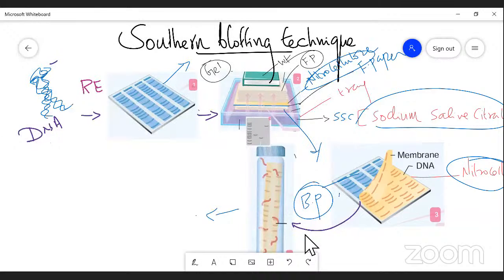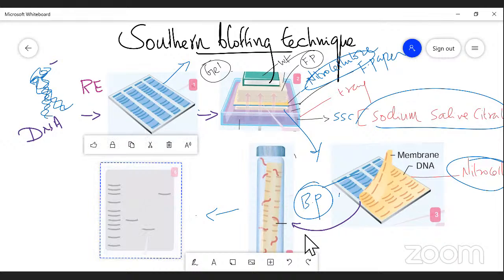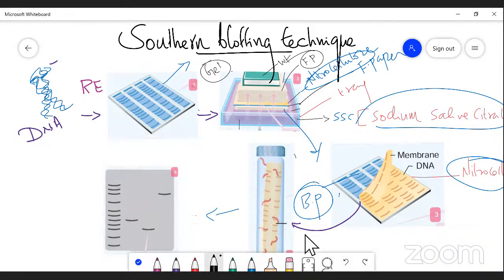One of the instruments that we are going to use is autoradiography. What is autoradiography? Autoradiography detects the presence of nucleic acid, the exact copying of nucleic acid, which can be detected, right?